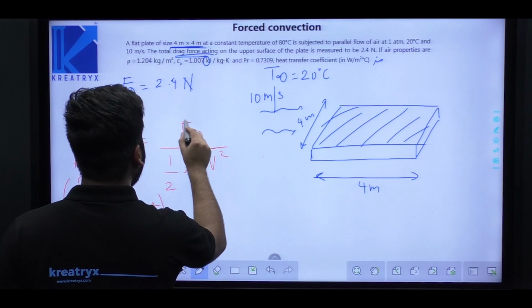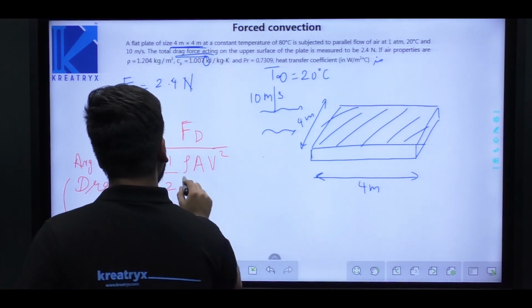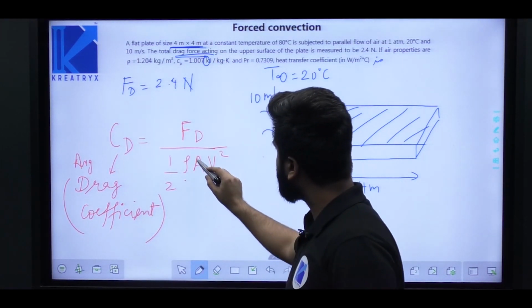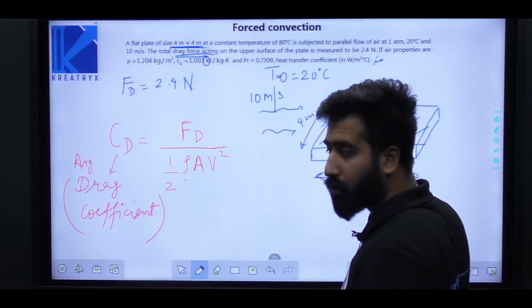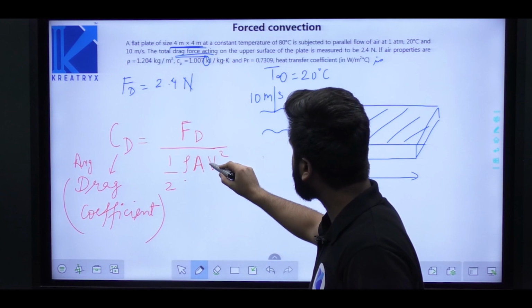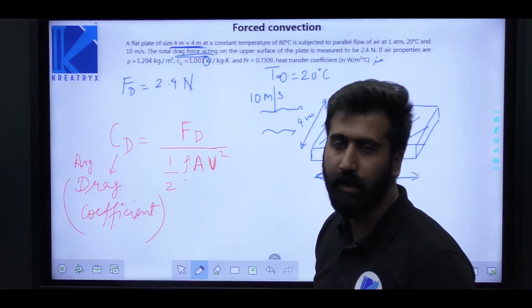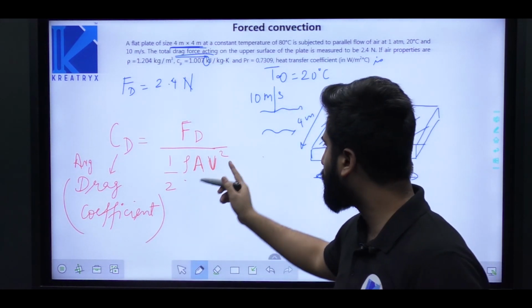This is the drag force, this is the density, this is the area on which the air comes into contact, and this is the free stream velocity, which in this case is 10 meters per second.